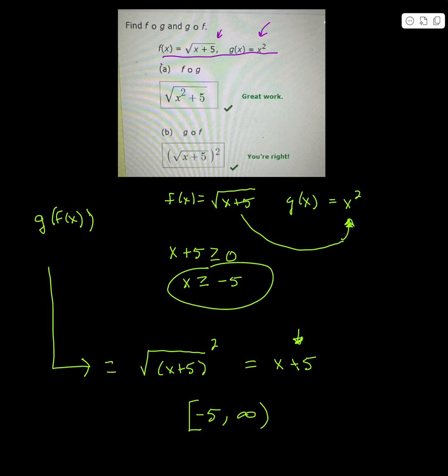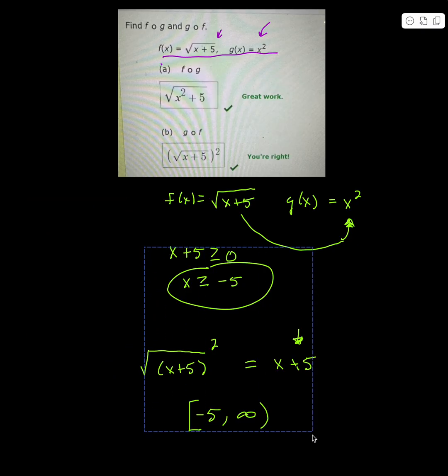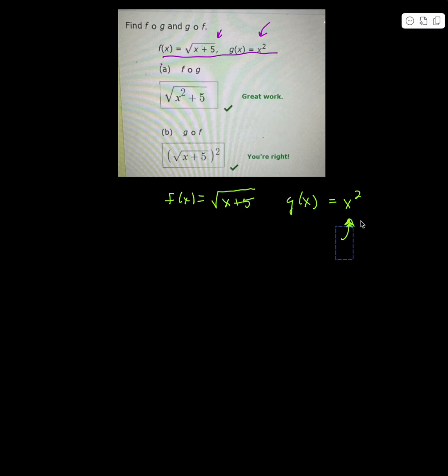Okay, so let's go the other way around and see what happens. Now we'll find f of g of x and see how that works. I think you already did that, but I think it's still worth talking about f of g of x.